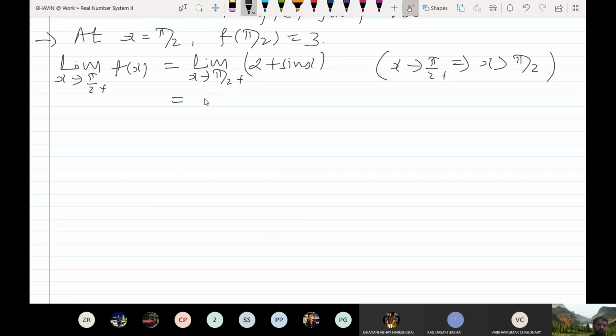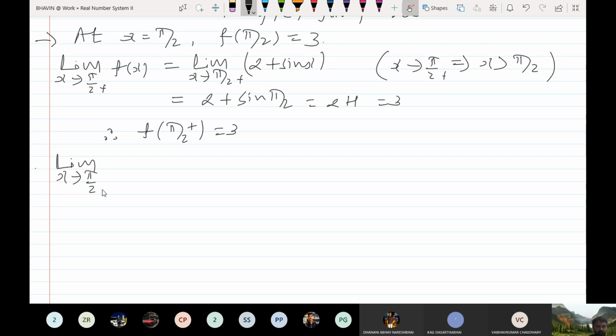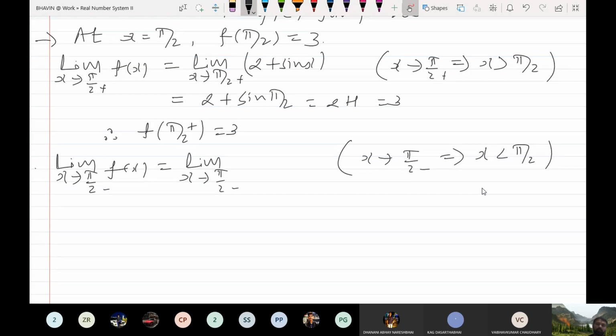Okay. So if I put x equal to pi by 2, 2 plus 1, that is 3. Therefore f of pi by 2 plus is equal to 3. So now let us find out the left limit. Limit x tends to pi by 2 minus implies x less than pi by 2.